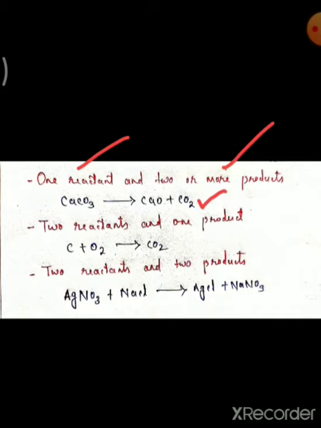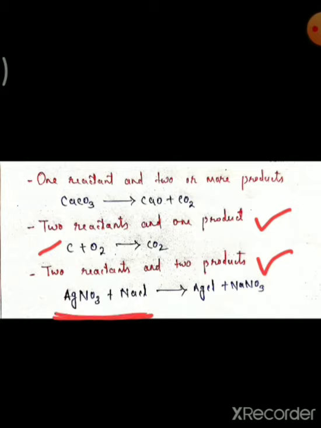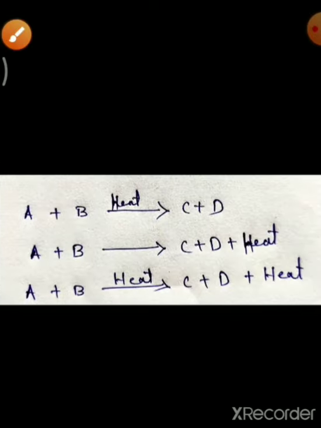Then another thing, if any chemical equation shows two reactants and one product, that is carbon plus oxygen, it gives rise to carbon dioxide. Then if any chemical reaction shows two reactants and two products, in the reactant side two will be there and in the product side also two will be there. Okay. So these are the different types of chemical equations.